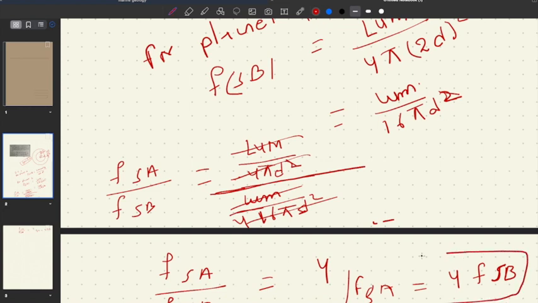FSA is 4 times FSB. Is this clear to you?